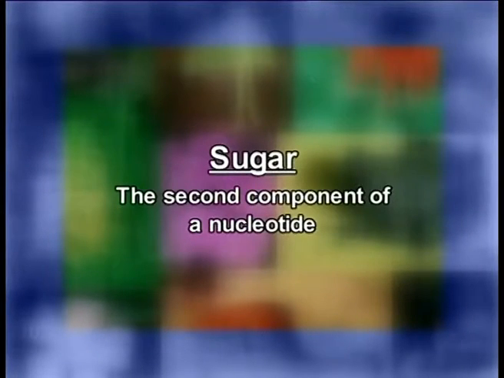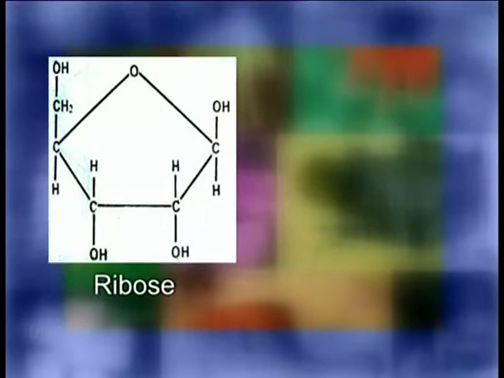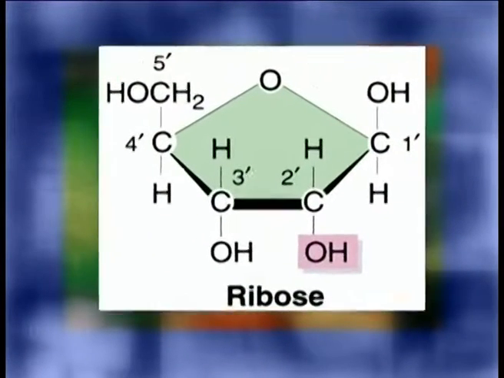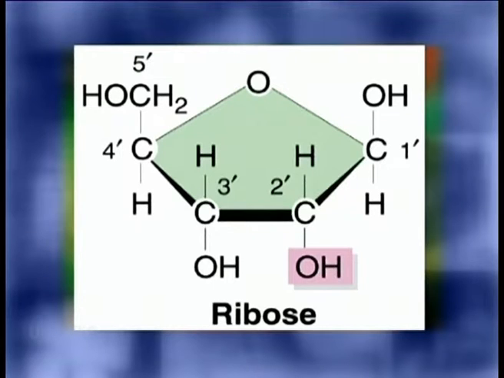Sugar, which is the second component of nucleotide, is ribose in case of RNA and deoxyribose in case of DNA. Ribose is a 5-member ring which consists of 4 carbon atoms and an oxygen, while the 5th carbon is outside the ring.